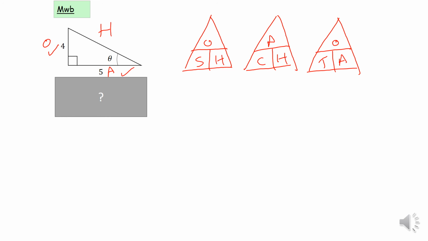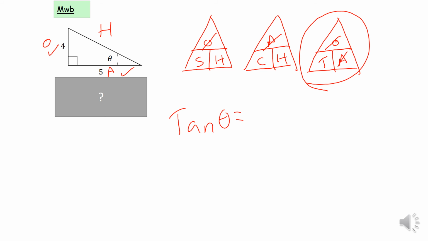So we've got O and we've got A. So anywhere I see O and A, I will cross it off. As you can see, we're going to use the tan function. Write down the ratio for tan. So tan theta equals opposite, which is 4, and the adjacent, which is 5. So what we're going to do now is we want to move tan over to the other side, because we want to get theta on its own on the left. And then when tan goes onto the other side, it will become tan to minus 1.